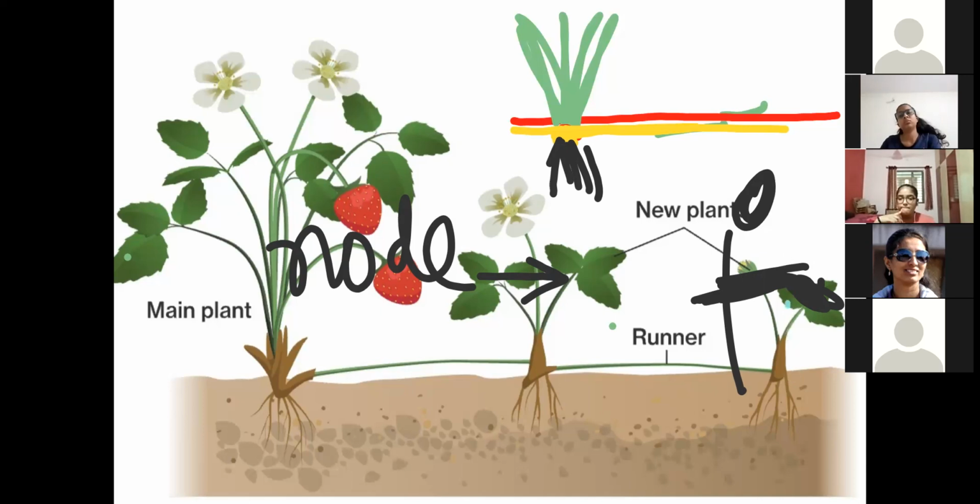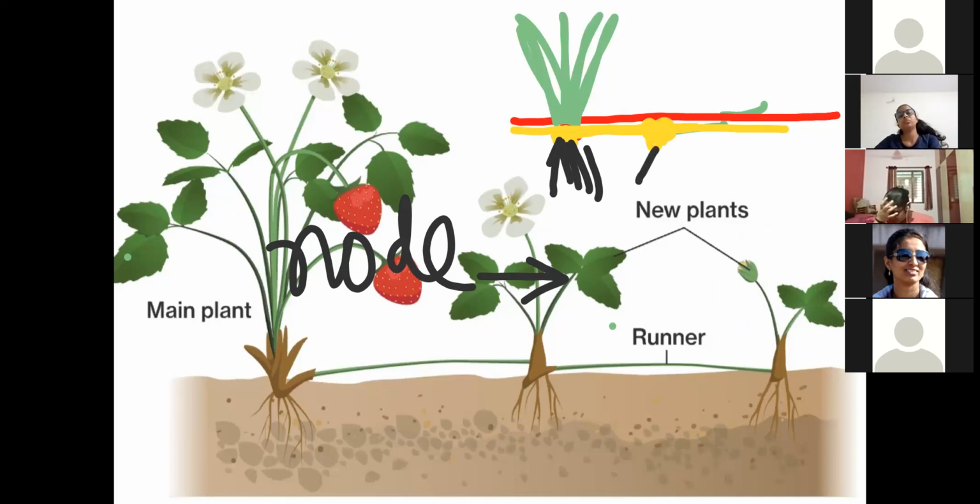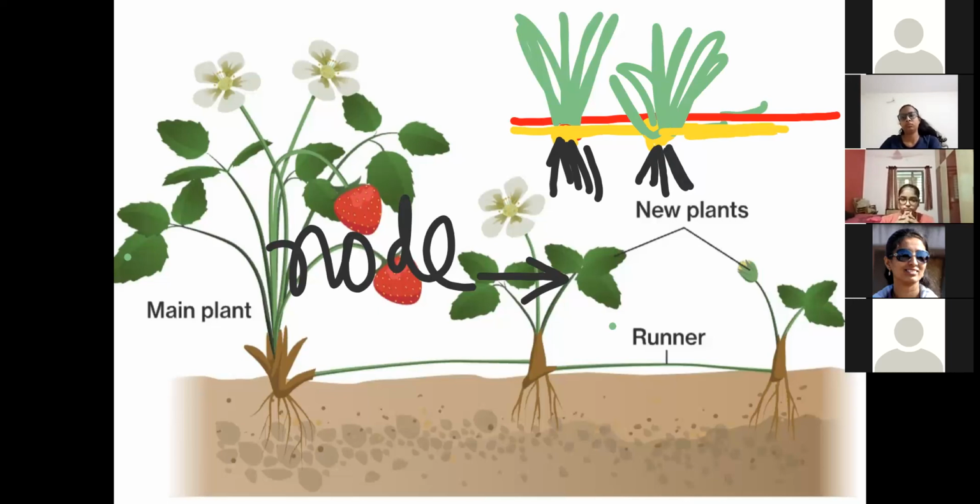Right? So these nodes are present on the stem. Suppose over here one node is there. From this node, the lower part forms the root system, and the upper part forms the leafy part. Then again the stem grows further, and again one more node is there.